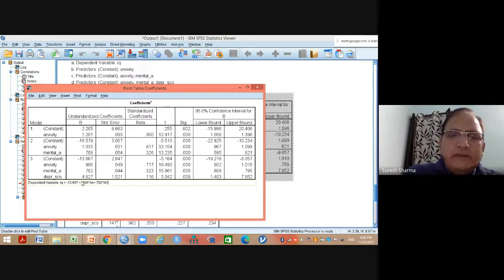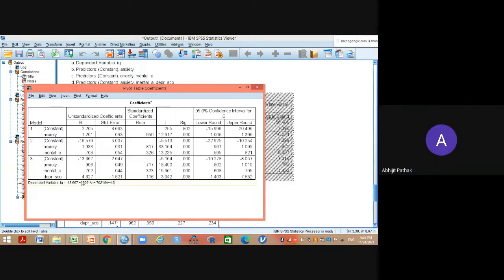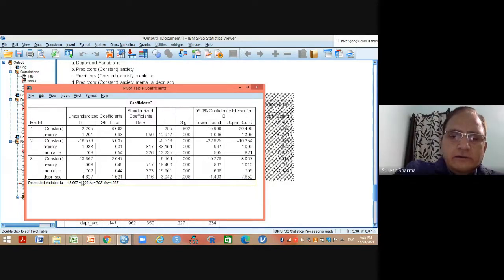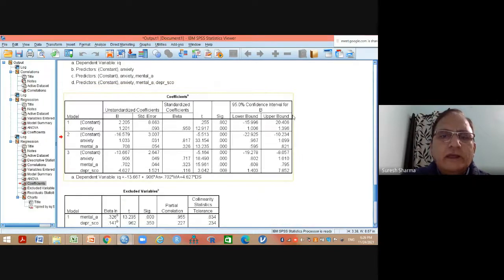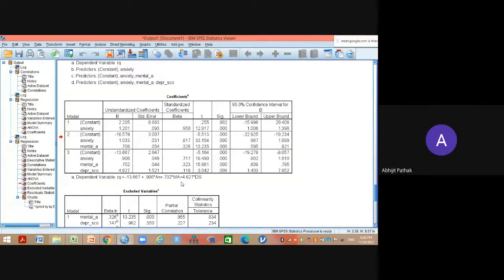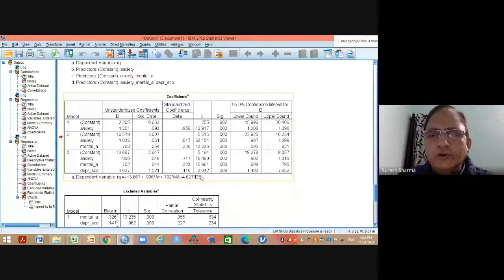Let me put this as MA, which stands for mental age, plus 4.627 multiply with depression score. Let me write DS. So this is your equation, and here you have the complete equation. Let me close this, and this equation is appearing here. Is that okay? Yes, sir. Now this is your final equation which you need to report.